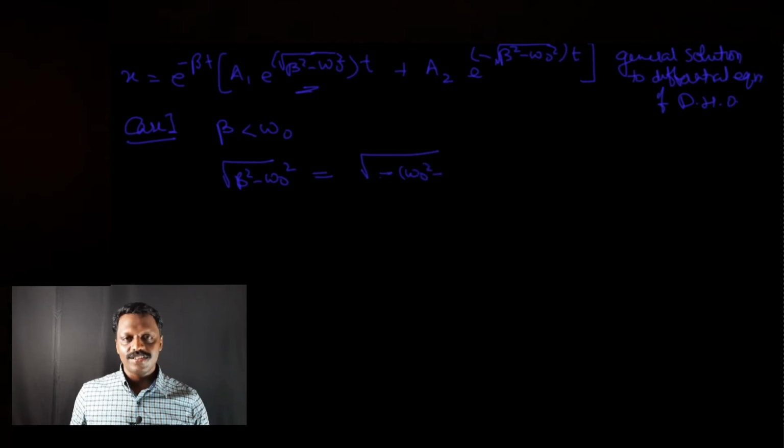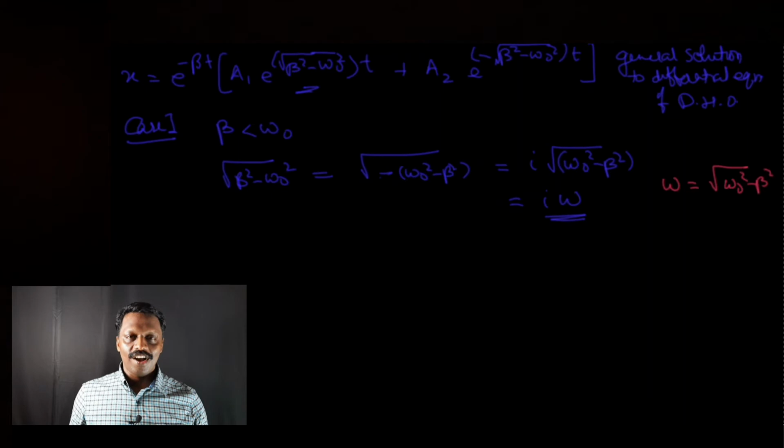So we have modified this term. Root of negative 1 is i, the imaginary term. So we can write it as i root of omega naught square minus beta square, which is equal to i omega, where omega is root of omega naught square minus beta square.